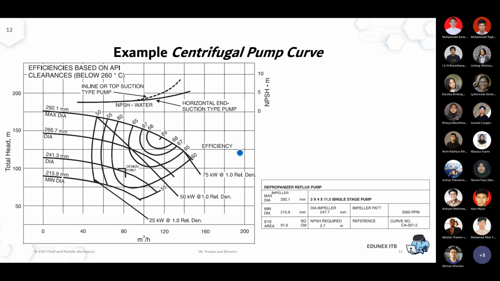Okay, I will continue my explanation. So this is an example of a centrifugal pump curve. Let's say you have a feed coming at 100 cubic meters per hour. Another question is how much pressure differential can be generated from one specific pump.